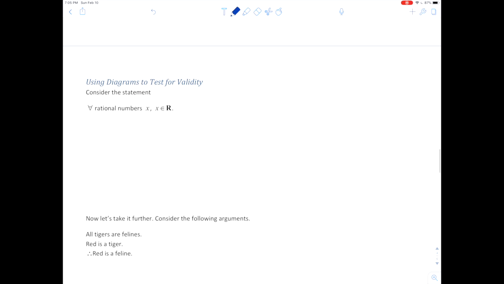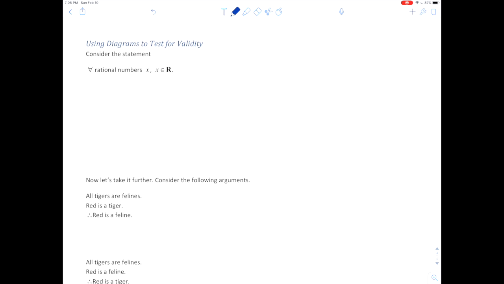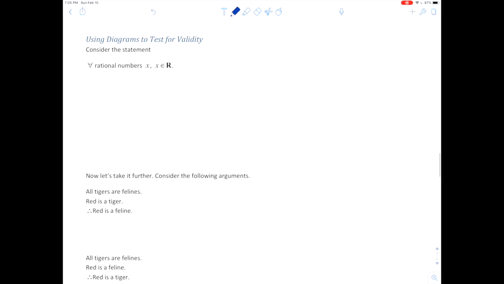So let's talk about how we can use diagrams to test for validity. All right, so this is kind of cool, and I will have this on the exam, so make sure you know how to do this. So here, first of all, we'll just look at a statement. It's not a whole argument. It's just a statement. So here, for any rational number x, x belongs to the real numbers.